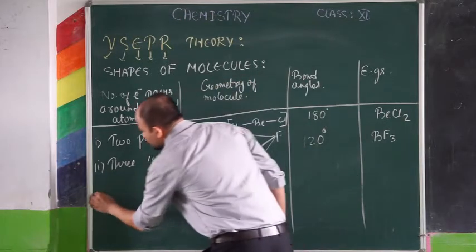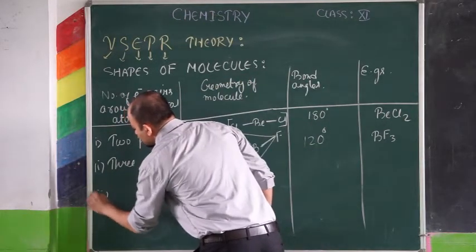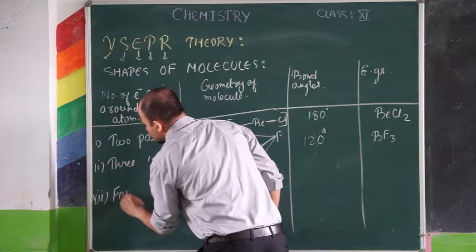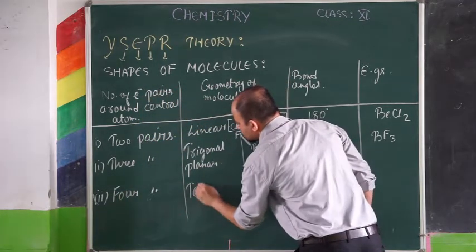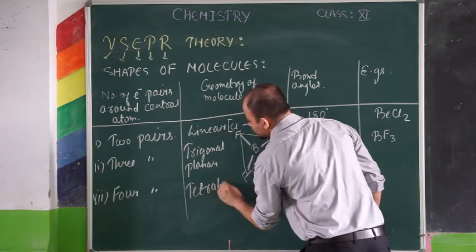If you have four pairs, then its structure will be tetrahedral. You know this tetrahedral.